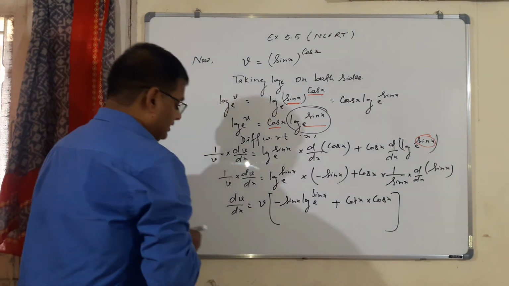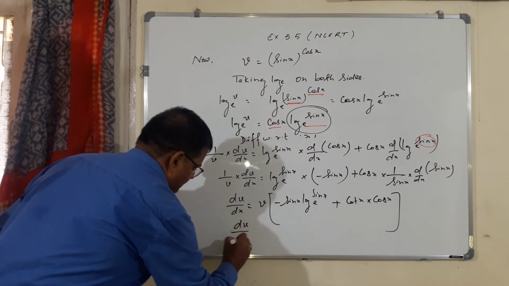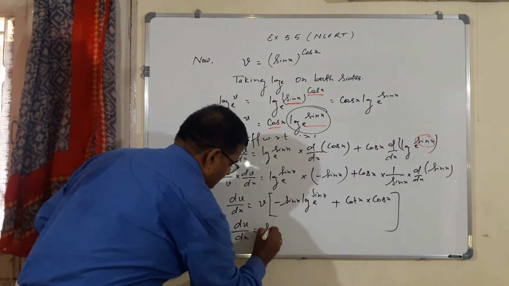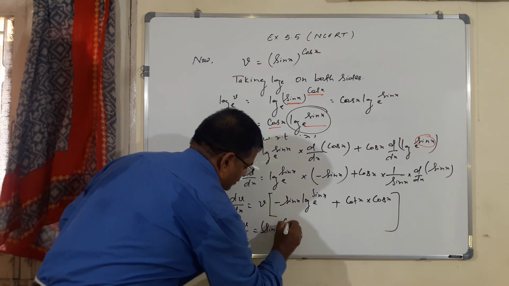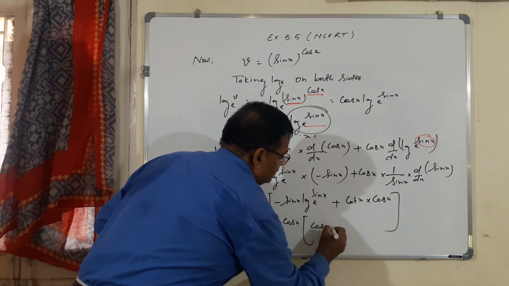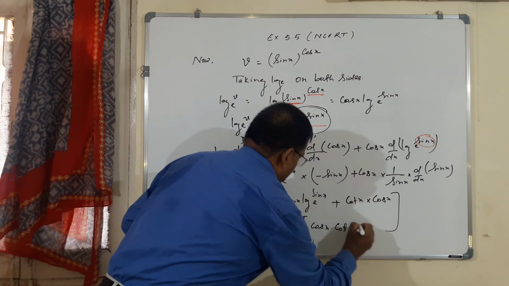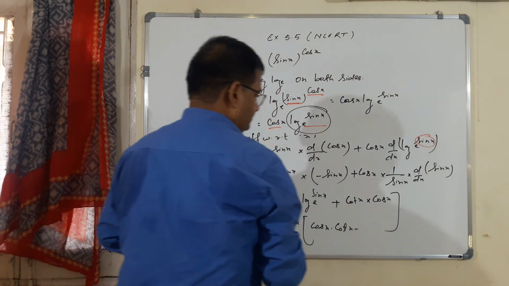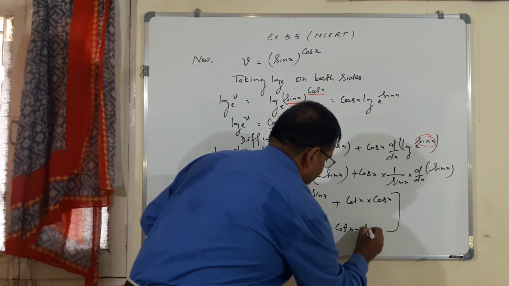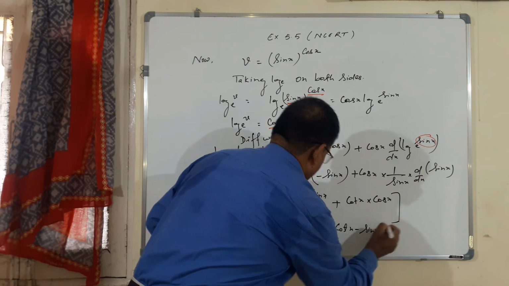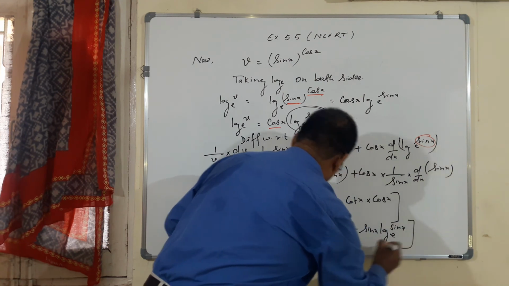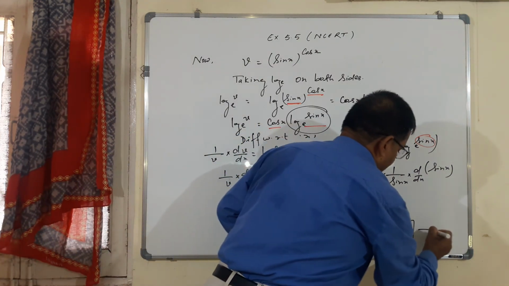So dv by dx is equal to, your v is sin x raised to the power cos x, into cos x cot x minus sin x log sin x to the base e. Now this is equation number 3.